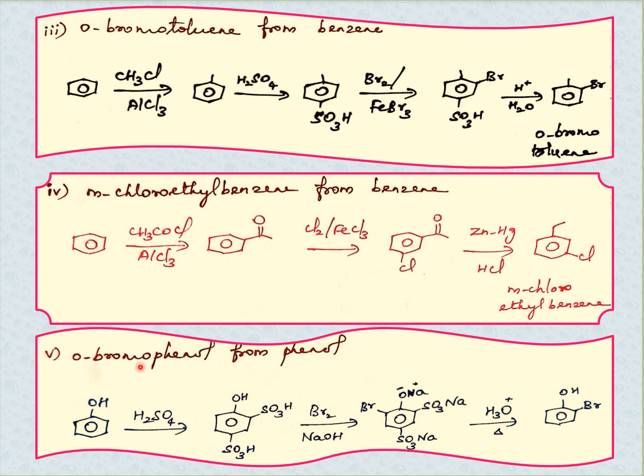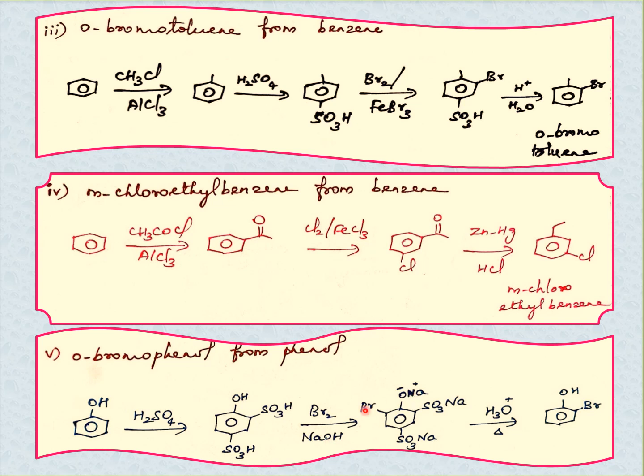And the next conversion is ortho-bromophenol from phenol. In the case of phenol, upon sulfonation, it gives a disulfonic acid, ortho to the OH as well as para to the OH group, followed by bromination in the presence of a base, sodium hydroxide.